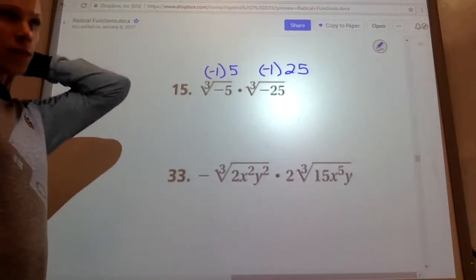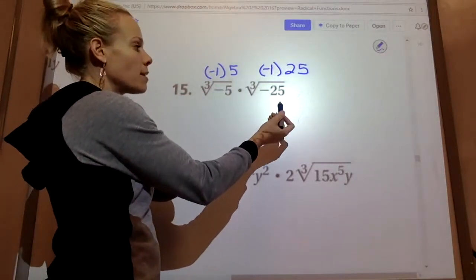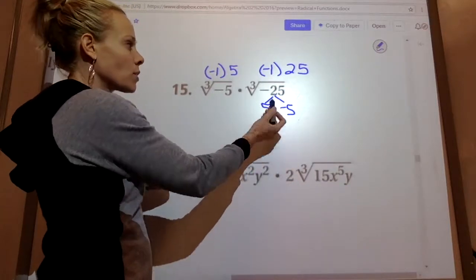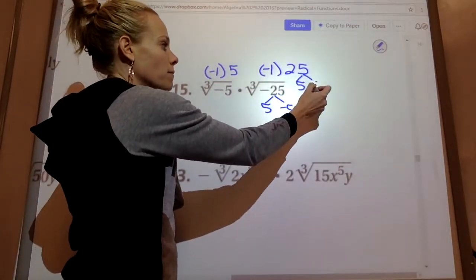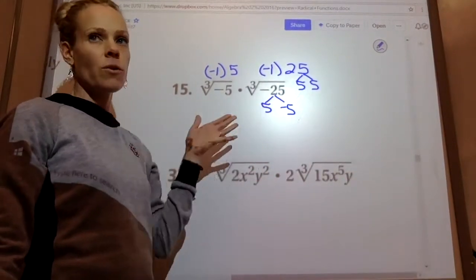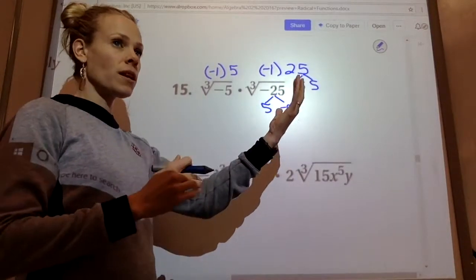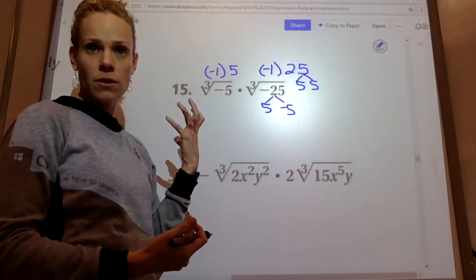Okay? So what's going to happen is you're not going to try to break down a negative number. Like, you're not going to do 5 and negative 5. You're going to have it be a negative 1 and then break down 25 into 5 and 5. Okay? Because to get a negative number, that negative could go with each number. So whenever you have a negative, we're going to separate it out before you start reducing down.